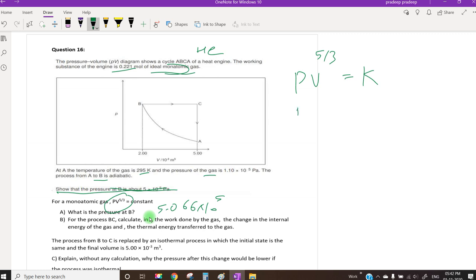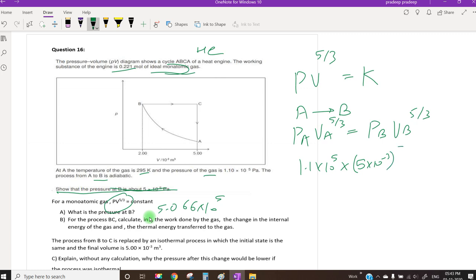Okay, so what we will do is consider A to B. So initially, let's say PA VA to the power 5 by 3 will be equal to PB into VB to the power 5 by 3. Now pressure at A is given to you as 1.1 into 10 to the power 5. Volume at A is also given as 5 into 10 to the power minus 3, to the power 5 by 3.